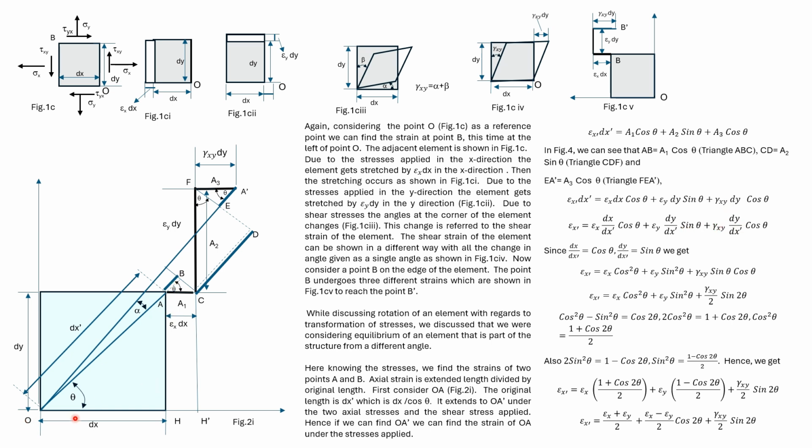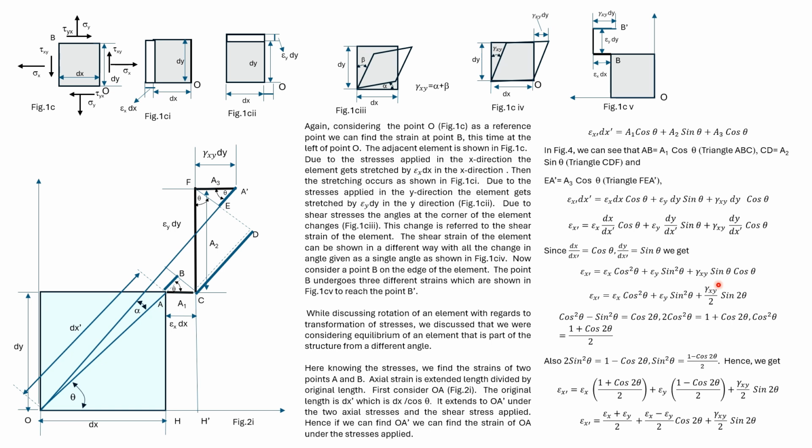Now dx divided by dx dash is cos theta. dy divided by dx dash is sin theta. Substituting the values, we get this expression.